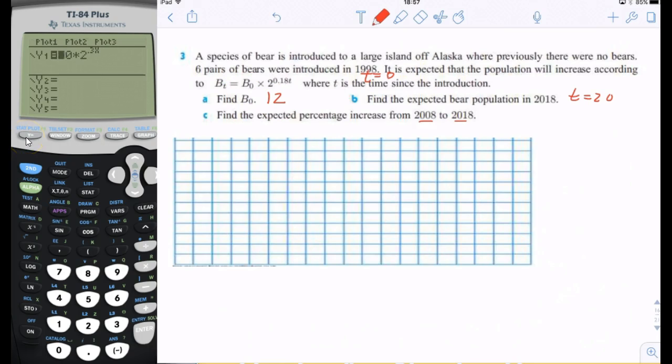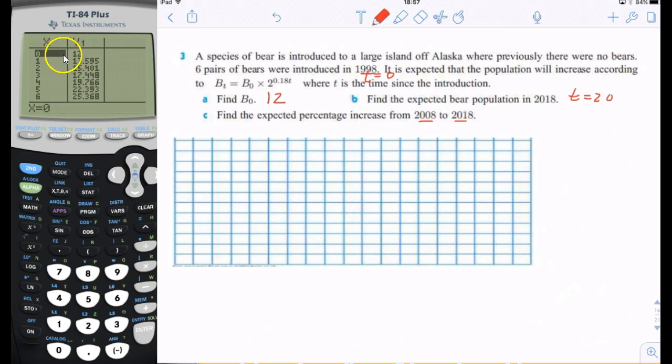So we're going to go to y equals, clear it, and put in the function 12 times 2 to the 0.18t. Instead of t, we're going to put x because the calculator only has x. I'm going to go to second table, and it's going to give me the number of bears each year.